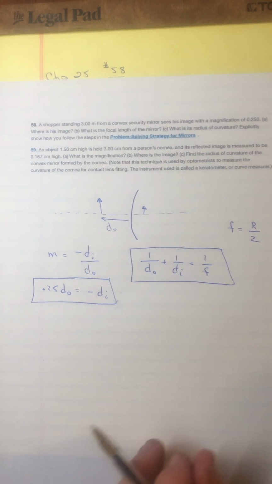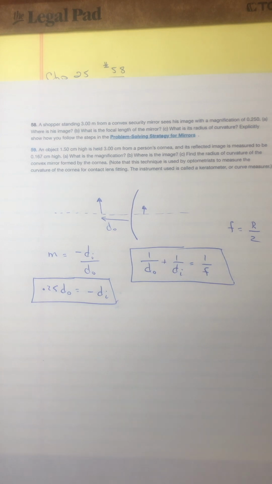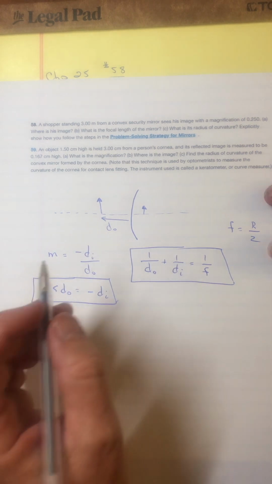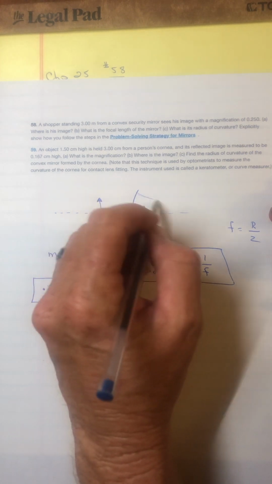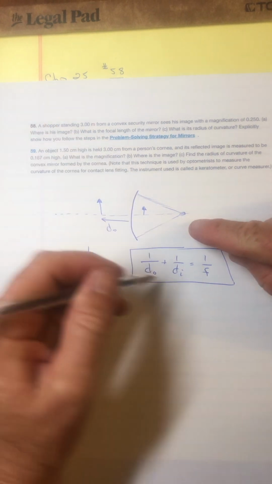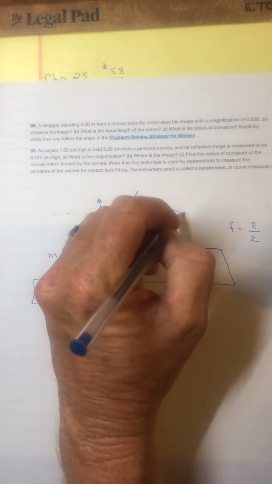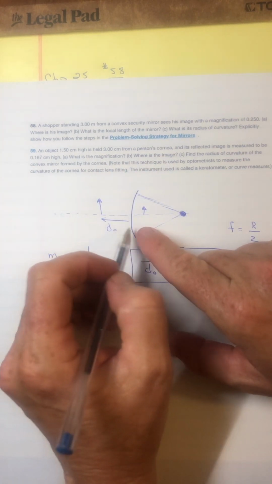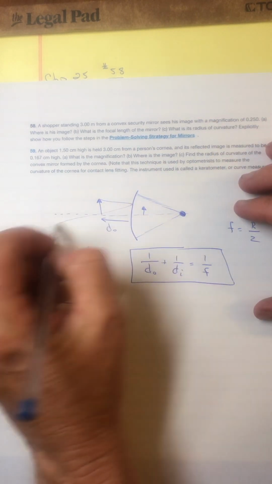So in this case, we're going to have to remember what the plus and minus is for the radius of curvature. And this is the negative side. The radius of curvature is in my picture over here somewhere. If I had a compass and was sweeping it out, it would be where the light never gets to, because the light hits here and bounces off.